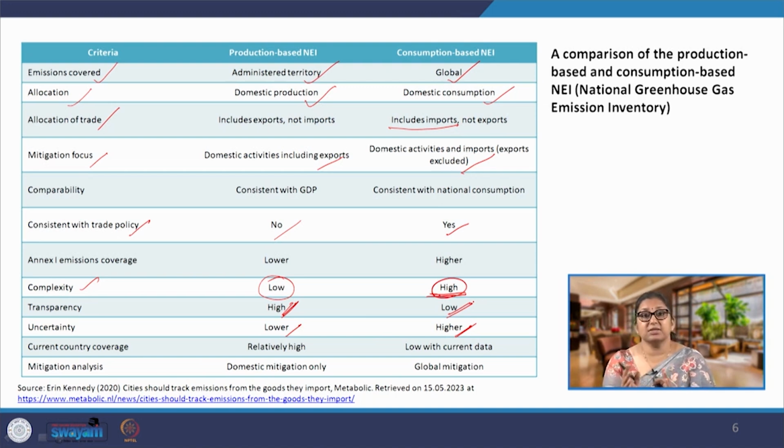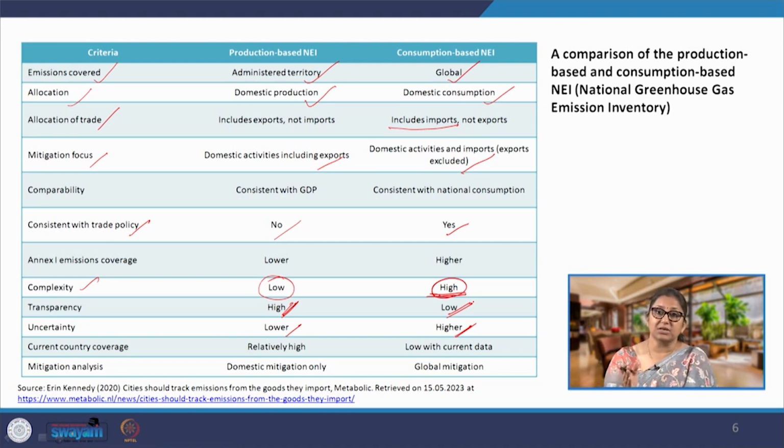Yet the consumption based emission reduction clearly tells us that the producer alone is not responsible for the emissions that are happening. The consumer countries are equally responsible for the emissions that are happening in the producer country. So, this whole discussion emerged because we wanted to place the responsibilities rightly.